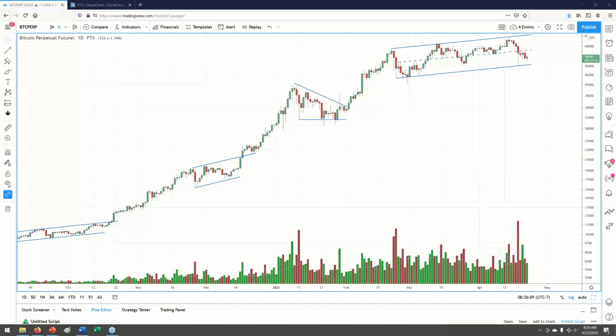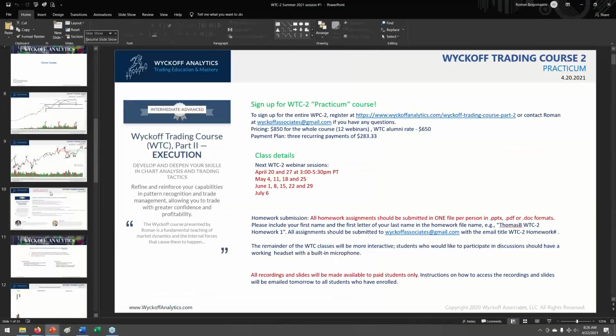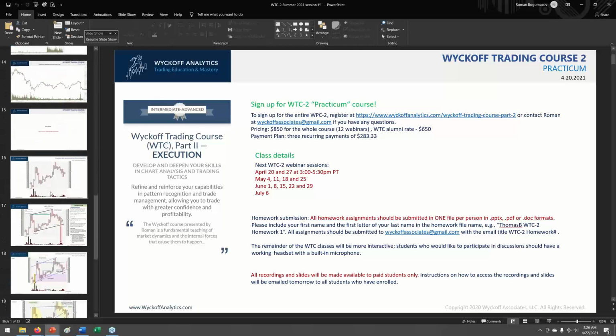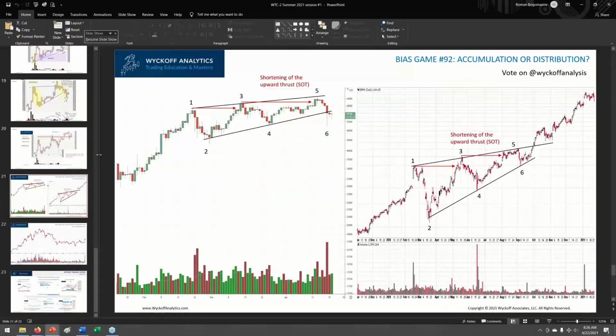And is it even possible to have a shortening of the thrust without a deep reaction and with continuation of that uptrend? So I'm going to show you an example. And again, sorry guys that I'm doing this on the fly here.